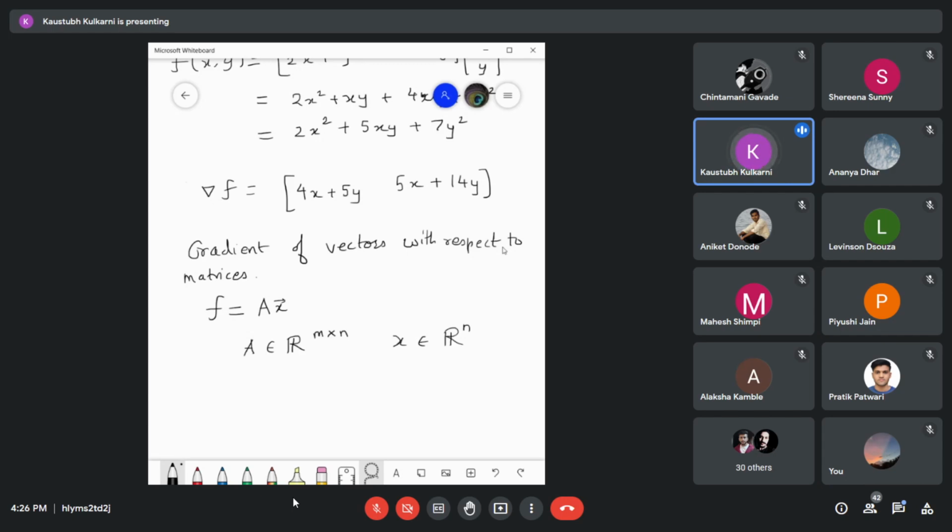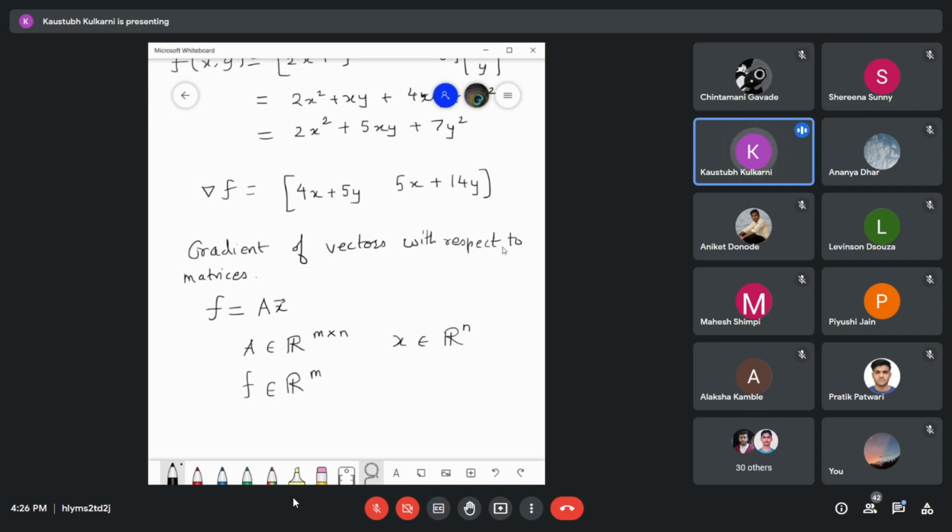So when you multiply these, the dimensions of F will be M cross 1.